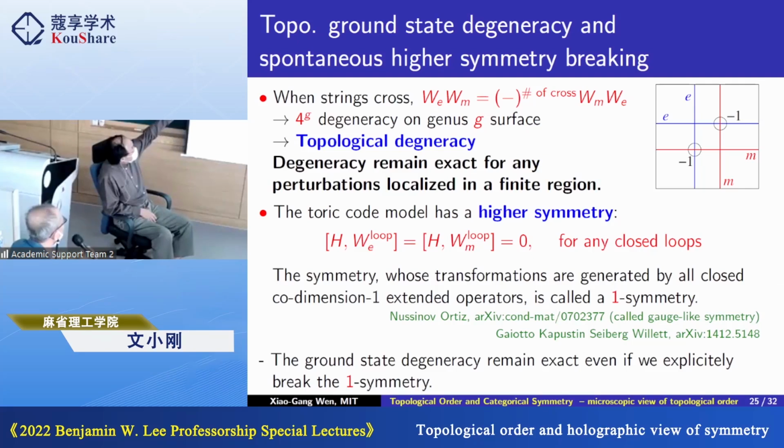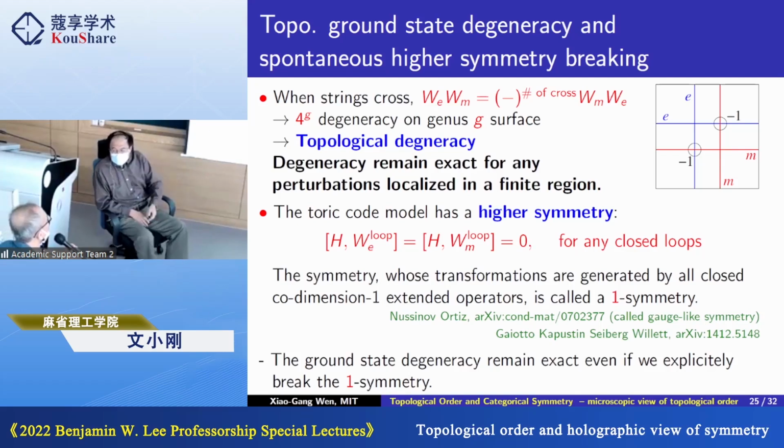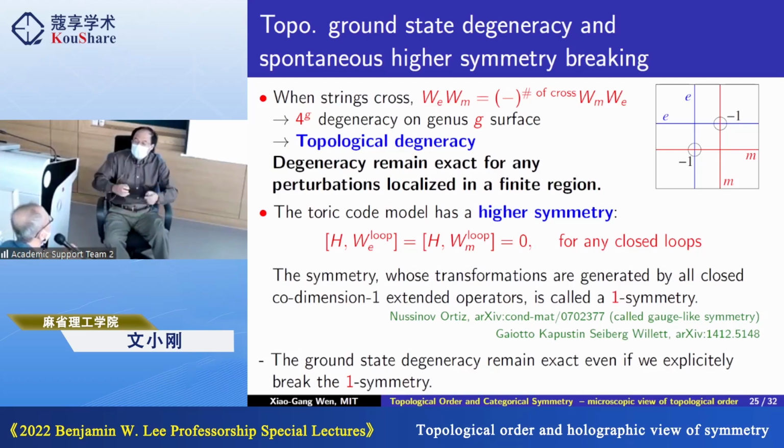If the perturbation is confined, you can draw a loop that avoids the perturbation, so that symmetry is still exact. But you can add a perturbation which fills the system, then no loop or string can avoid the perturbation, and you break the symmetry completely.